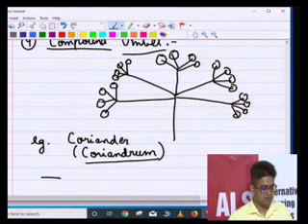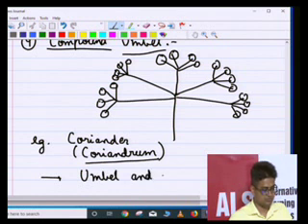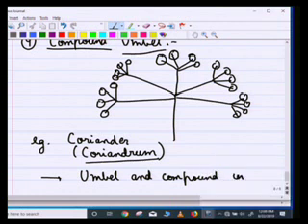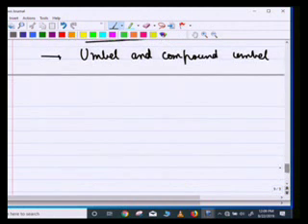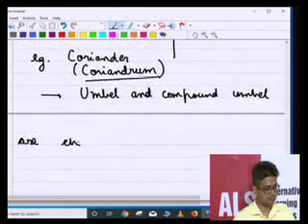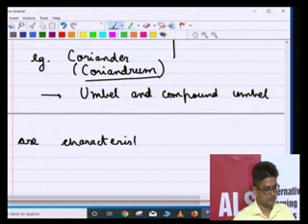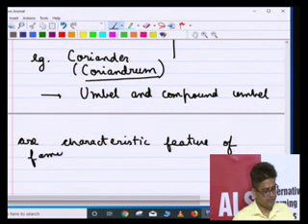Umbel and compound umbel are characteristic features of family Umbelliferae.